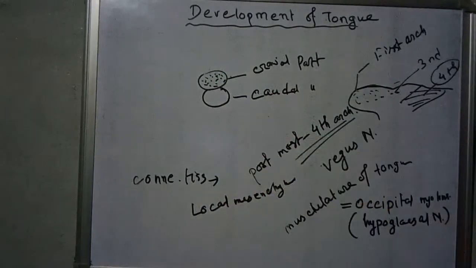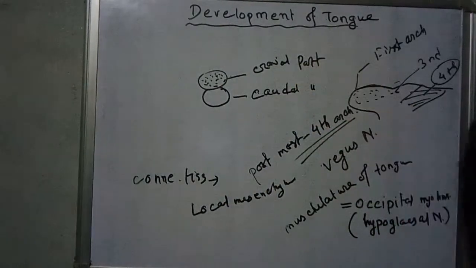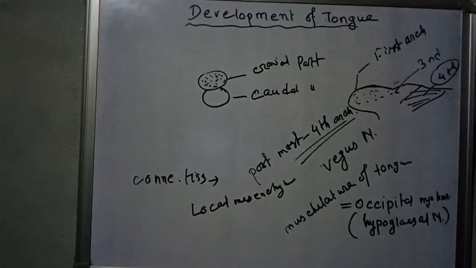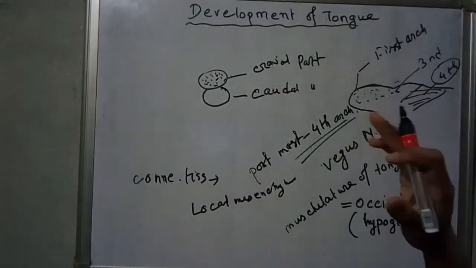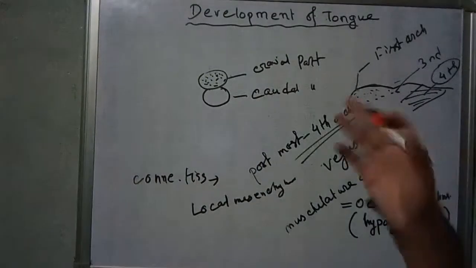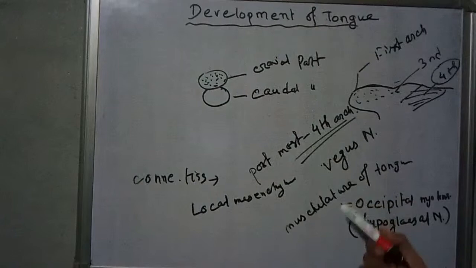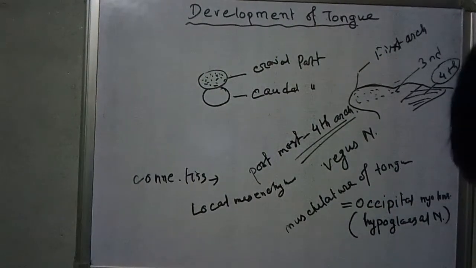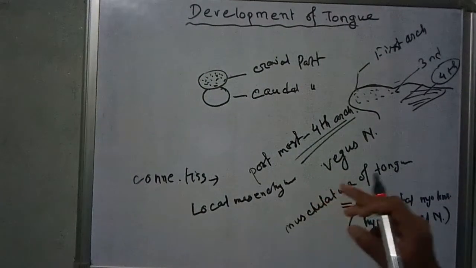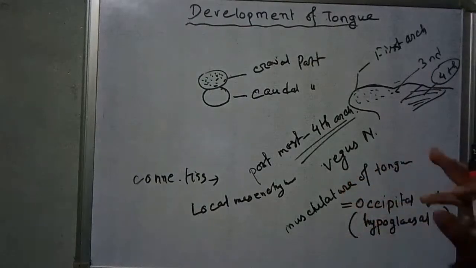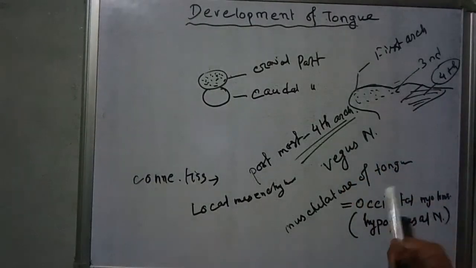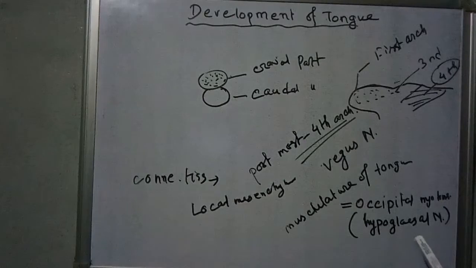So this was about the development of the tongue. The anterior 2/3 of the tongue is formed by the fusion of the tuberculum impar and two lingual swellings, and the posterior 1/3 is formed from the cranial half of the hypobranchial eminence, and the posterior most part of the tongue is derived from the fourth arch.